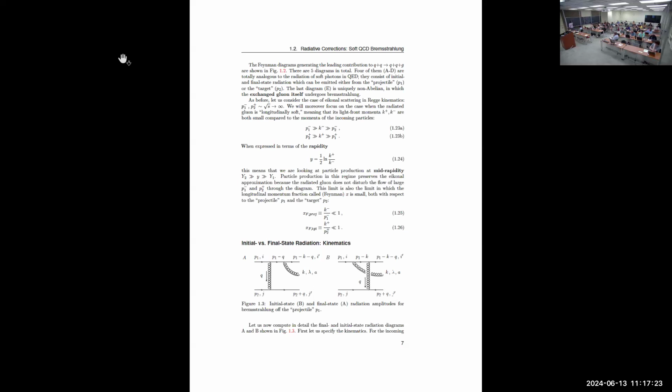In the denominator, I'm going to have (P1 minus Q) squared, and again there's an M squared that I'm going to neglect. And then I have the scattering vertex. The scattering vertex is i g T^B gamma^mu, and then U1.